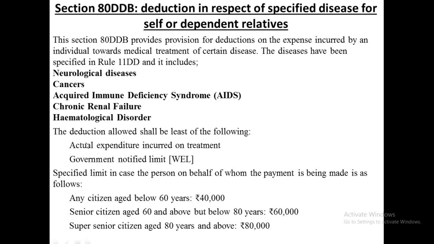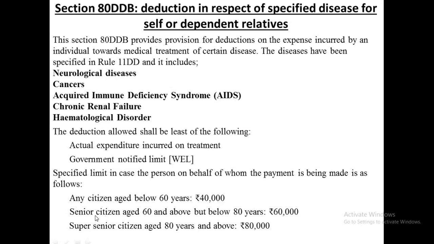The amount of deduction will be the actual expenditure incurred by the assessee or the government notified limit, whichever is least. Whichever is least of these two will be taken as the deduction. Then what will be the notified limit? If the citizen is aged below 60 years, including self or spouse or children or father or mother, the notified limit is 40,000.